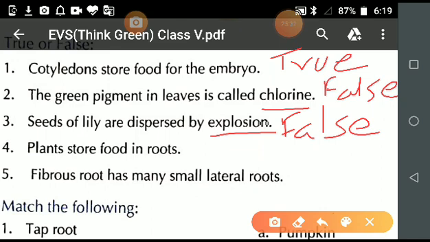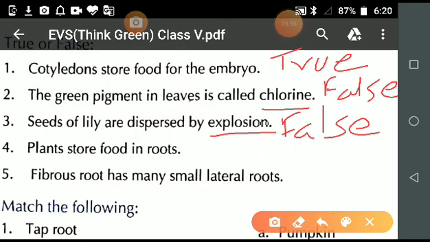So student, at that time I also explained that roots store food. Roots also store food in some plants like carrot, radish, beetroot, turnip. These are the plants in which roots store food.